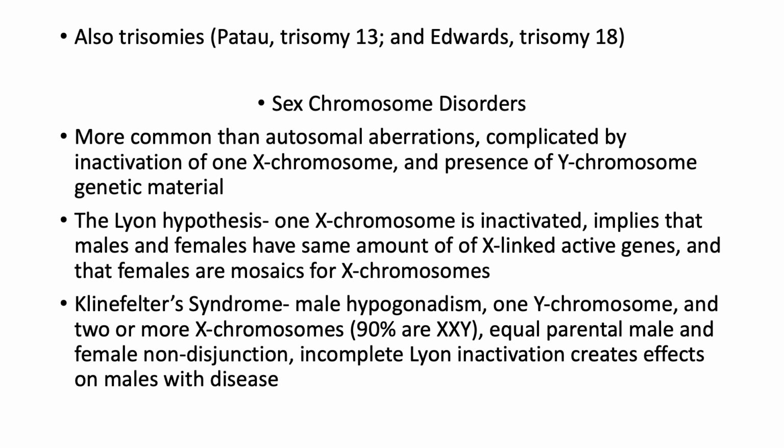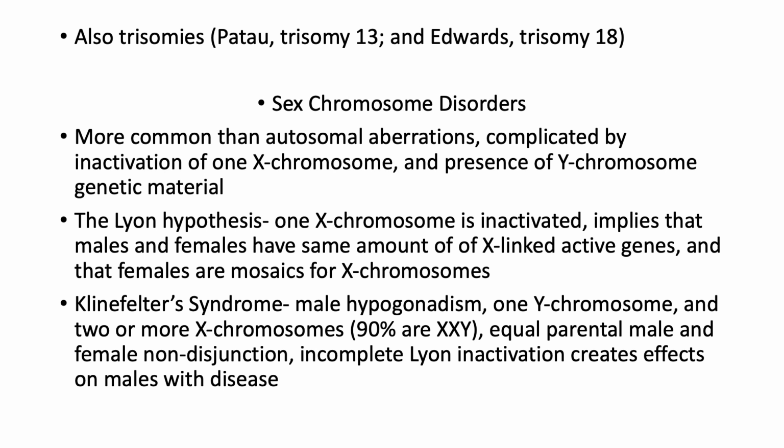Sex chromosomal disorders are more common than autosomal aberrations. These are complicated by inactivation of one X chromosome and the presence of Y chromosome genetic material. The Lyon hypothesis is where one X chromosome is inactivated, and that implies that males and females have the same amount of X-linked active genes, and that females are mosaics for X chromosomes.